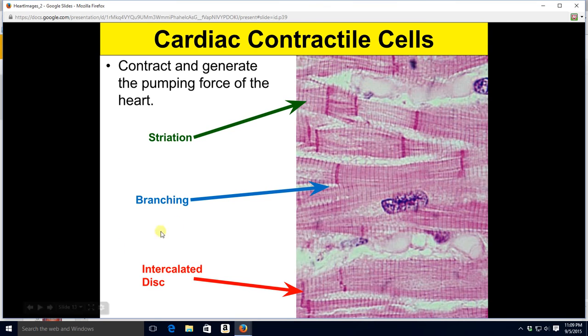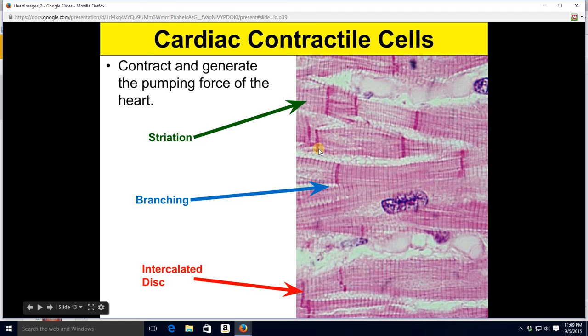As we look at them here, we can see the typical striations, the light pink and dark pink lines that are vertical in this picture. That is the result of the overlap of the contractile proteins, which you know already are actin and myosin. We also see some branching going on here. That's a characteristic of these cells. They're not just long, filamentous ones like skeletal muscle. We see some nice nuclei in here as well.